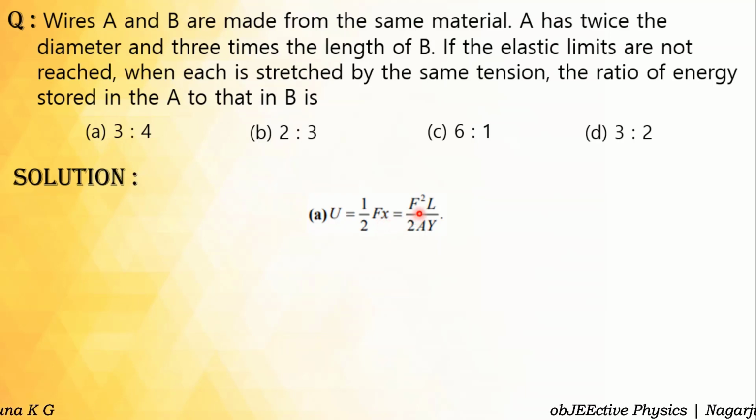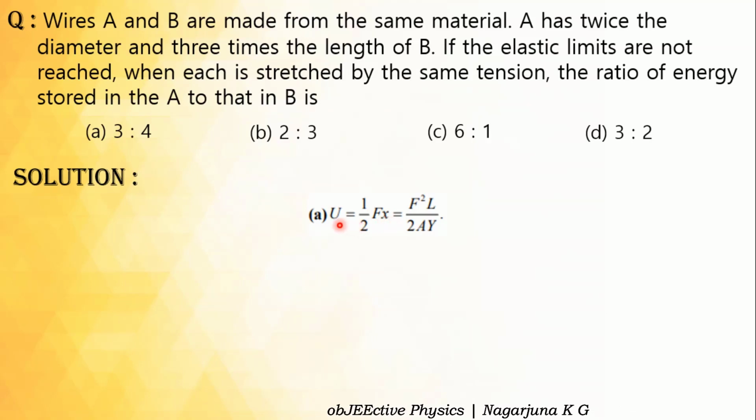Elongation according to Young's modulus formula, where x is the elongation, x is equal to F into L by AY. So half F into FL by AY, altogether U is equal to F squared L divided by 2AY.